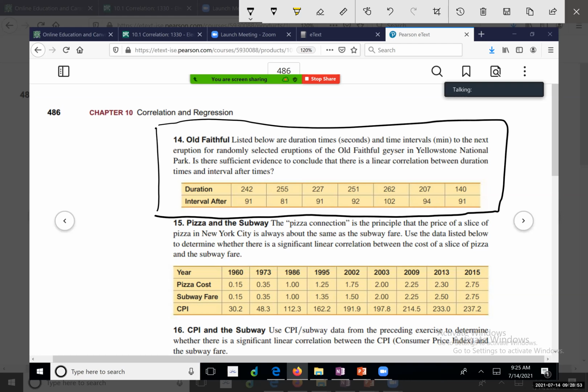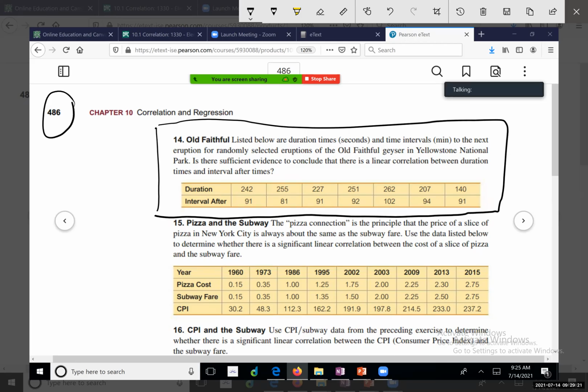Listed below are duration times in seconds and time intervals in minutes to the next eruption for randomly selected eruptions of the Old Faithful geyser in Yellowstone National Park. Is there sufficient evidence to conclude that there is a linear correlation between duration times and interval after times?